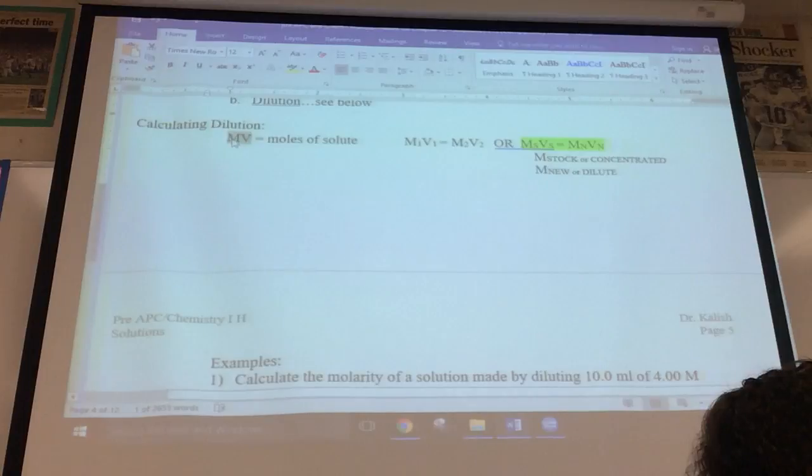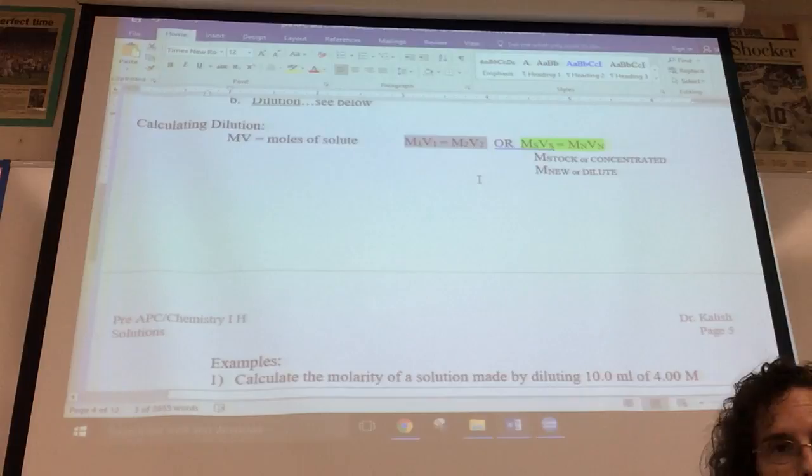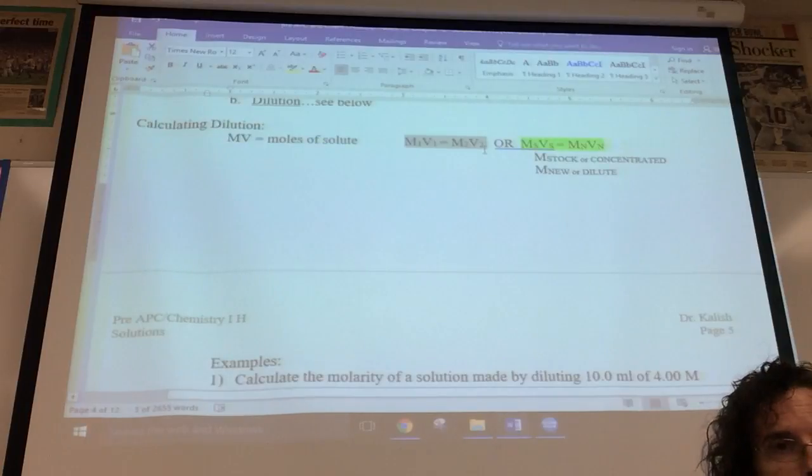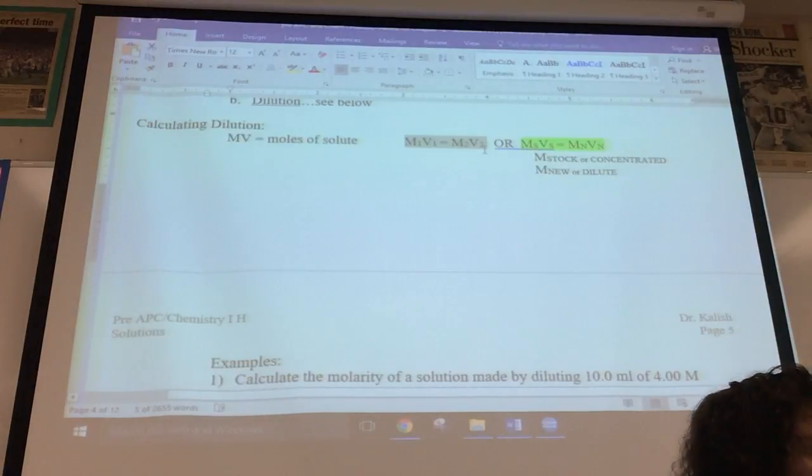And as a result, the same way we expanded upon PV equals some constant K, if the moles of solute is constant, then we can expand upon that formula as such. You've got M1V1 is equal to M2V2. Now the 1 and the 2 was always very confusing for the kids, so highlighted in green is how I like to do it.